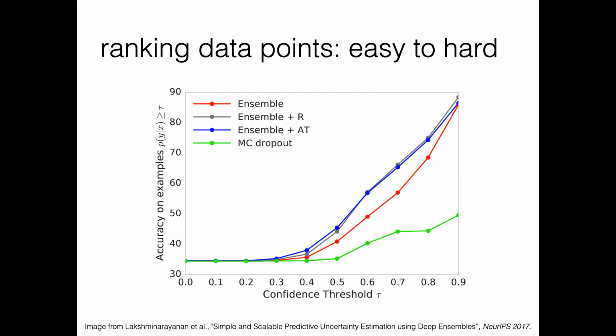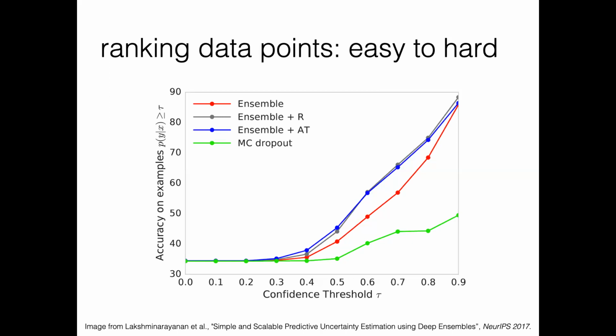This is what this plot shows: accuracy on the y-axis, and on the x-axis some cutoff on the probability value given by the model, such that anything that falls below a certain value we throw away. Ideally we're taking easier and easier cases only, and so we should get higher and higher accuracy.